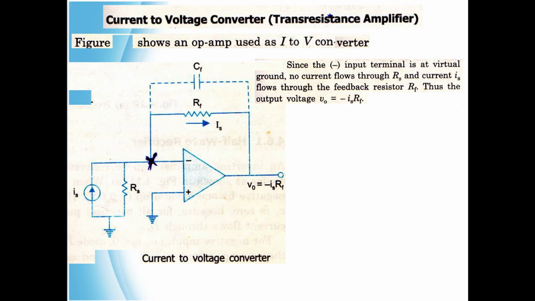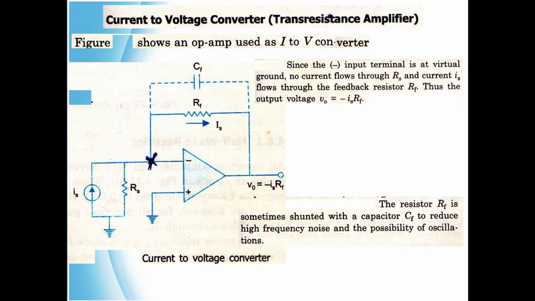Thus, the output voltage V0 equal to minus IS into RF. The resistor RF is sometimes shunted with the capacitor CF to reduce high frequency noise and the possibility of oscillations.